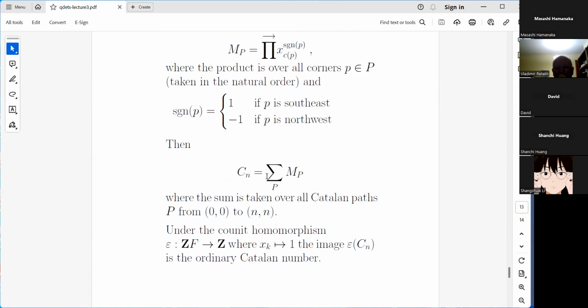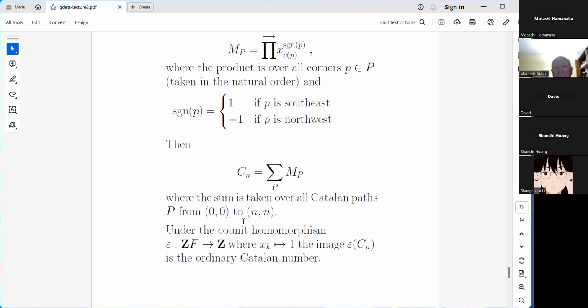And then my C sub n is just the sum of these monomials, and the sum is taken over all Catalan paths from the left lower corner of my square to the right upper corner of my square.